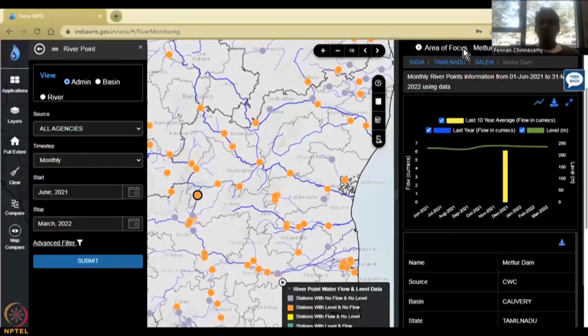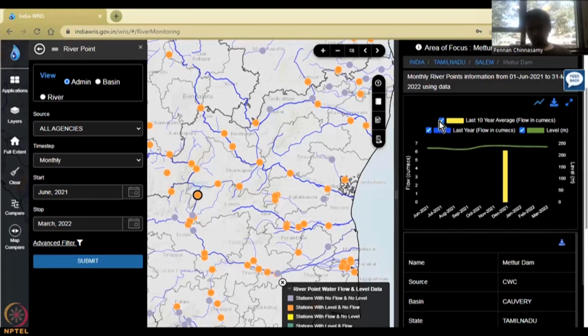When we go to this data point, it has the last 10-year average flow in cusecs, cubic meters per second. It also shows you the last year, which is not available, and the level is always there. So the flow has been intermittent. That is the measurement of the flow, and that is where you see it as an orange station, with level and no flow.